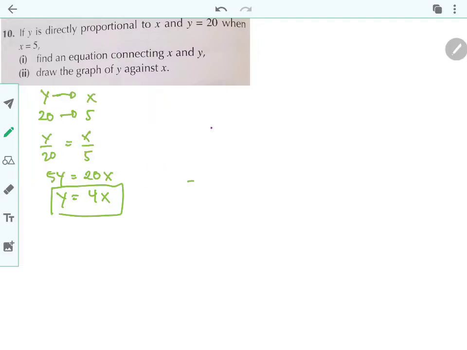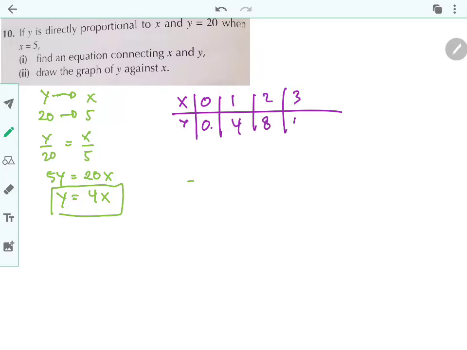Now, y against x. When x equals 0, y is 4 times x, so it must be equal to 0 too. When x equals 1, y is 4; x is 2, y is 8; x is 3, y is 12.